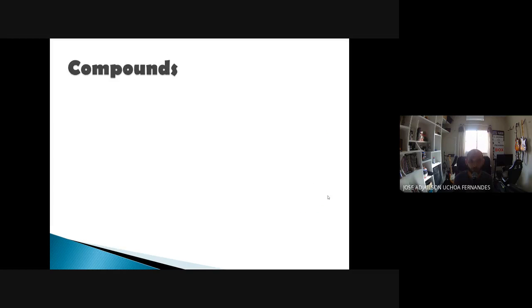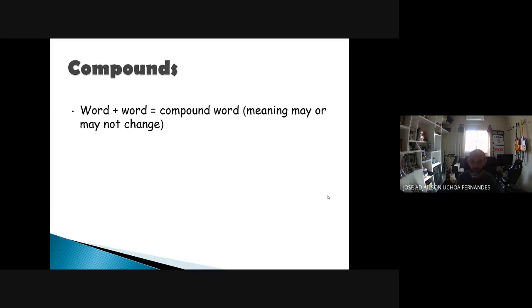Another process of word formation, and this is very interesting because it has a lot to do with pronunciation as well, and there is a crossover here with phonetics and phonology, are the compound words. Compounds are words that get together to form new words with new meanings. So we have word plus word, and the meaning may or may not change, but sometimes it does.